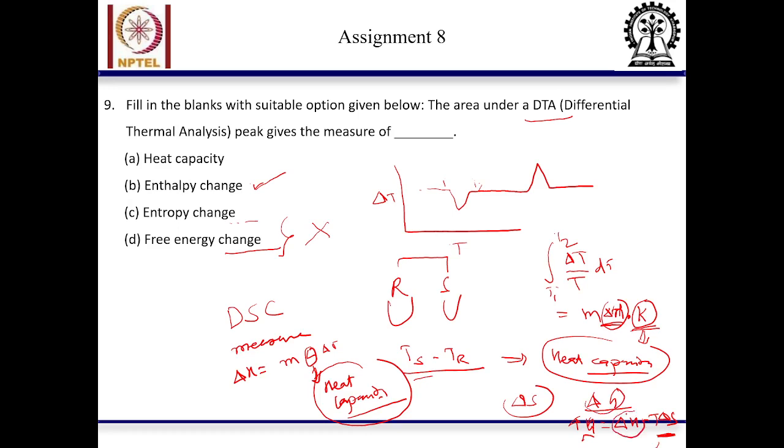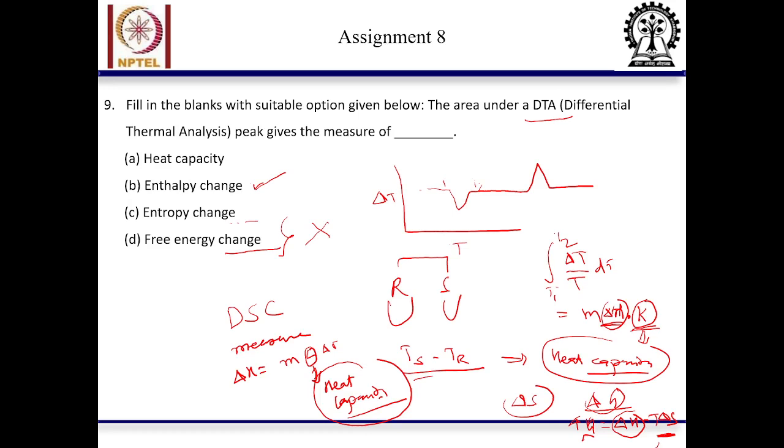You only know delta H, which is the enthalpy change. Now, in the DTA curve, we can see processes like glass transition, crystallization, melting, and sublimation. We have also seen which processes are exothermic and which are endothermic. So I think you have to go through these things.